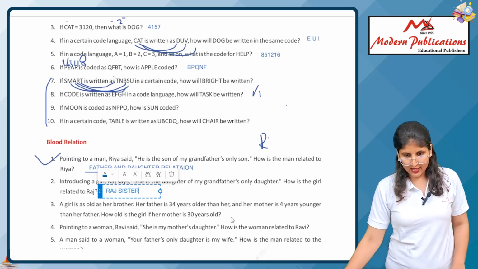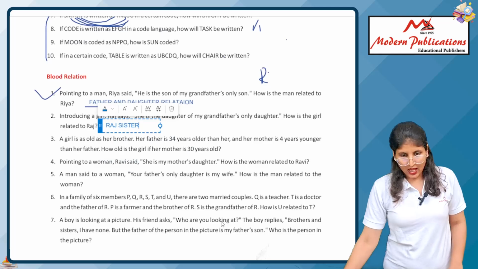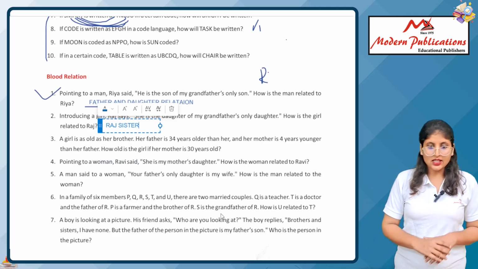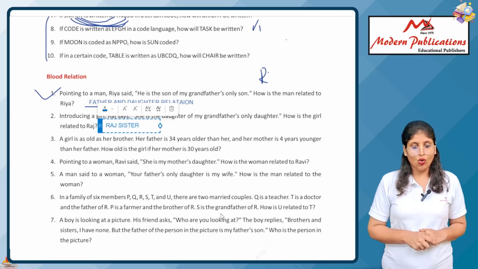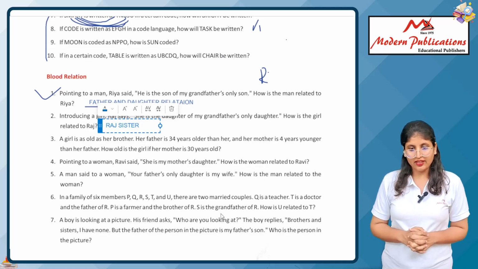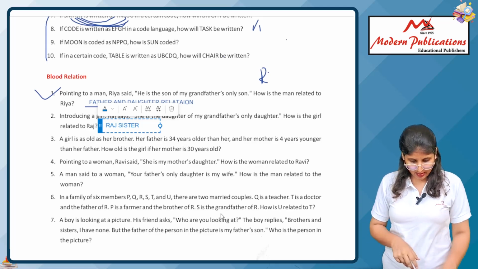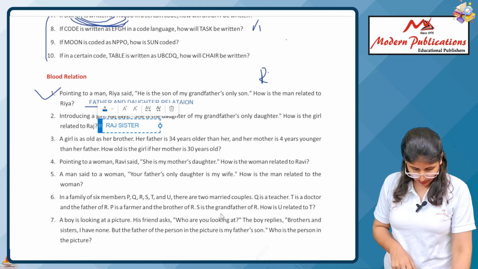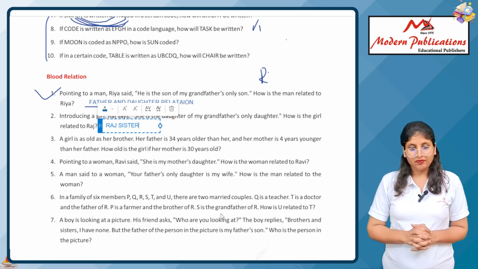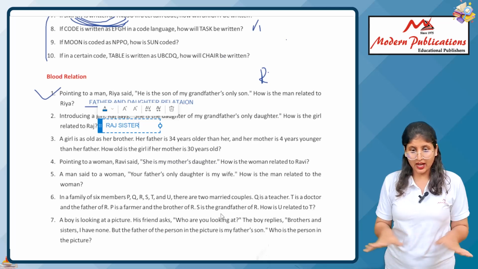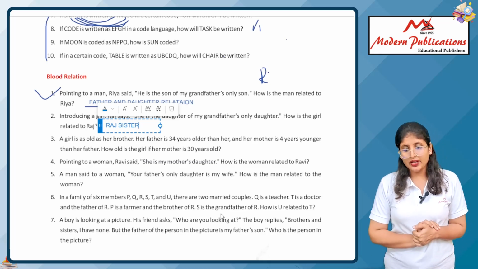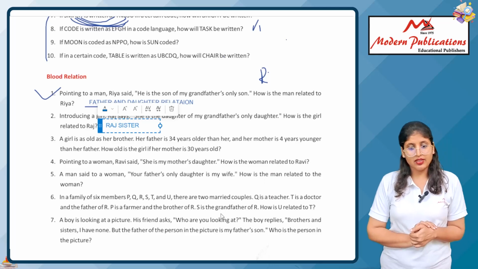Next one is that a girl is as old as his brother. His father is 34 years old. Her father is 34 years older than her, and her mother is 4 years younger than her father.